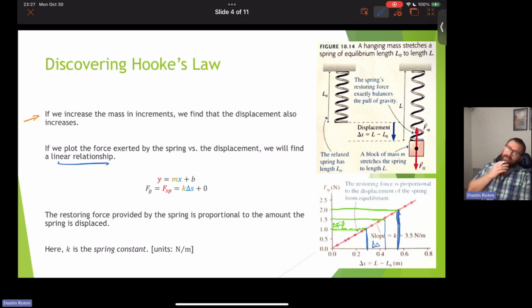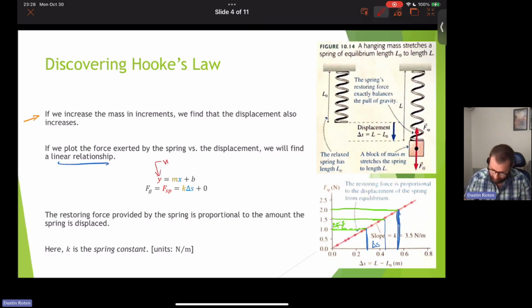Since we know it's a straight line, it's linear, let's see what we can build here. On the y-axis we have the force of the mass.